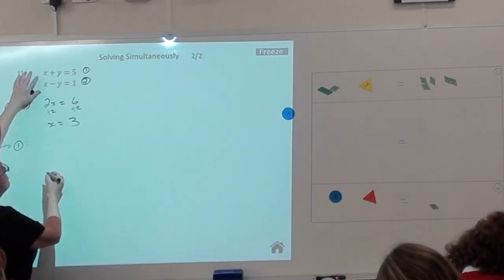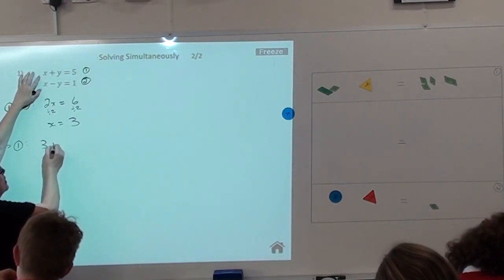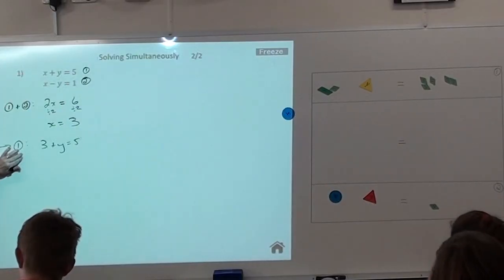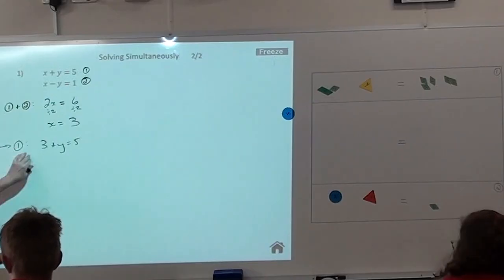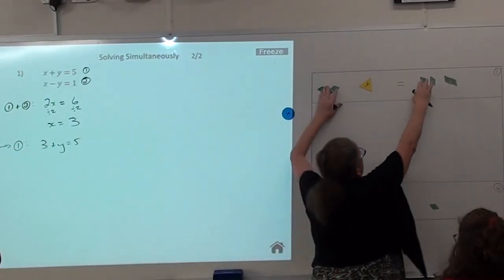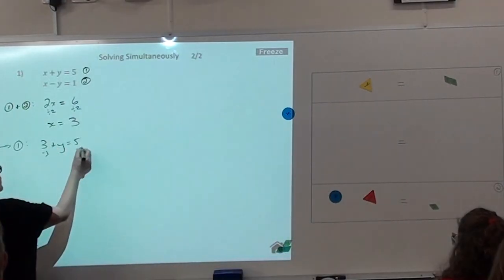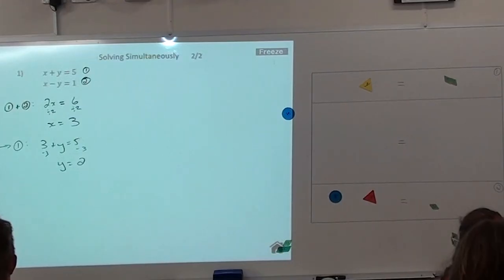And so what I've just done is I've replaced x with 3, and this is what I've got now. Right, it's up in section 1 there. And of course I want to solve for y, so I'm going to subtract 3 from each side. And I'm ending up with y equals 2.